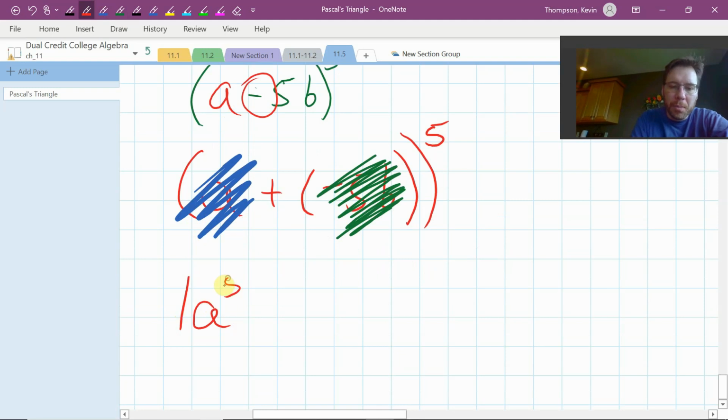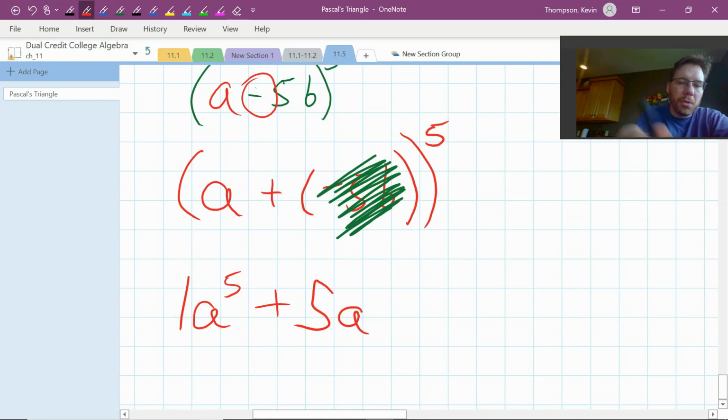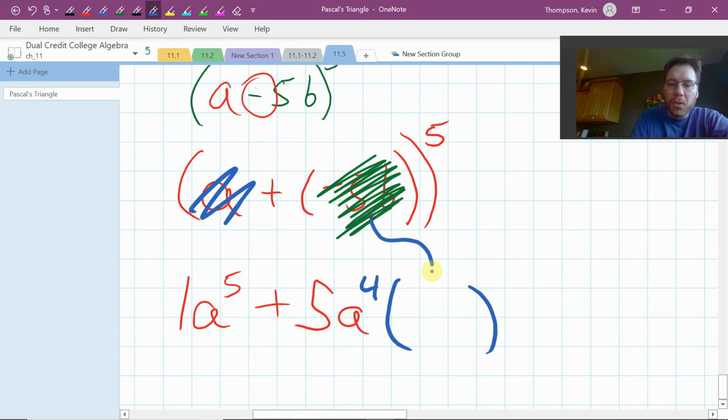So I'm going to jump and just say a to the fifth, plus 5 blue squiggle, so everything blue squiggle is just a. That's going to be now to the fourth power. Green squiggle, everything that it is, which includes the negative and the 5 and the b, to the first power.